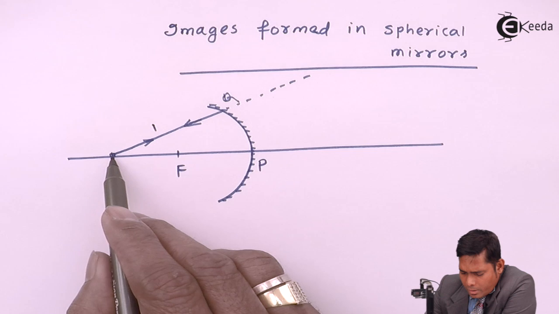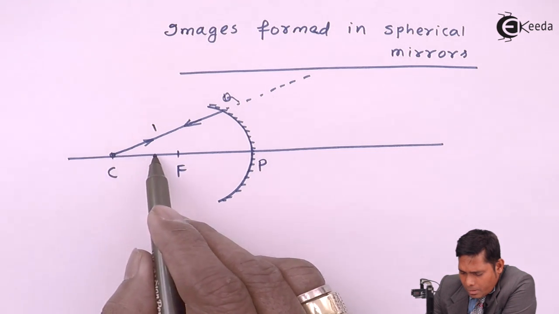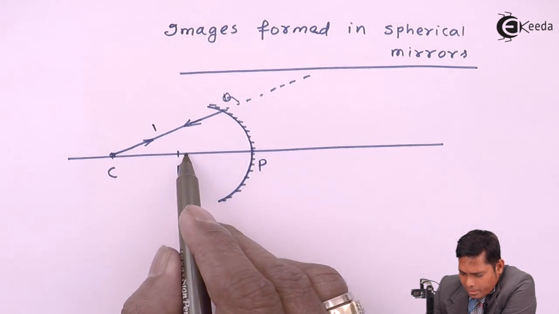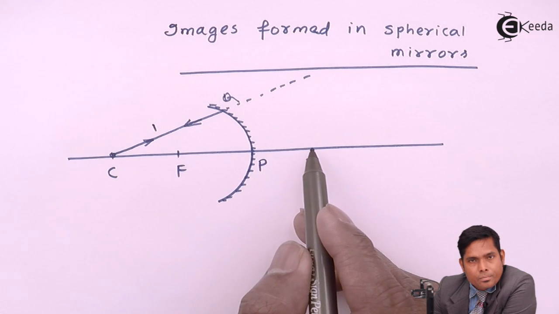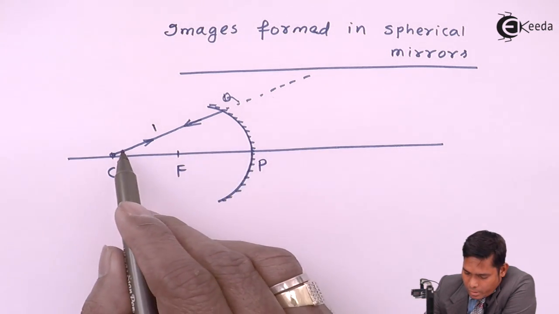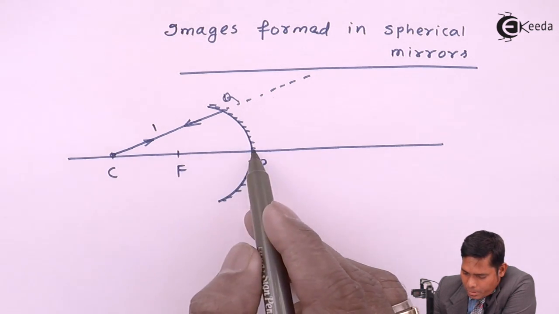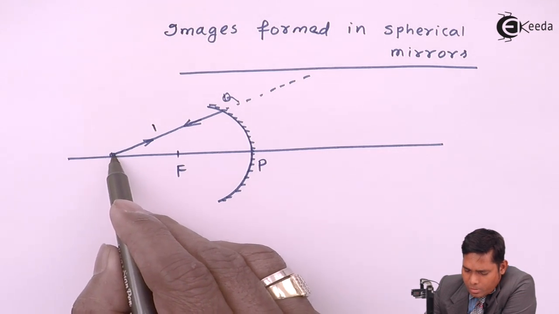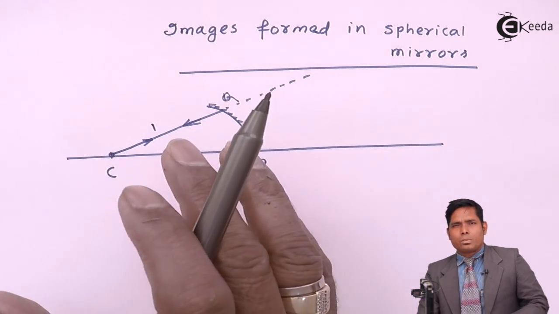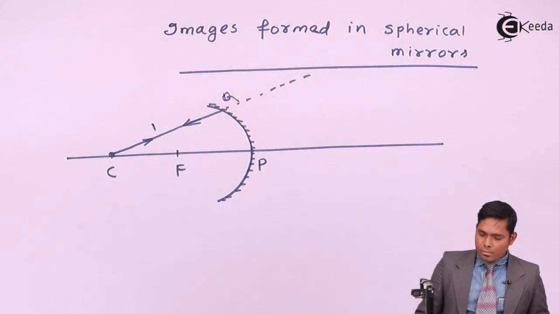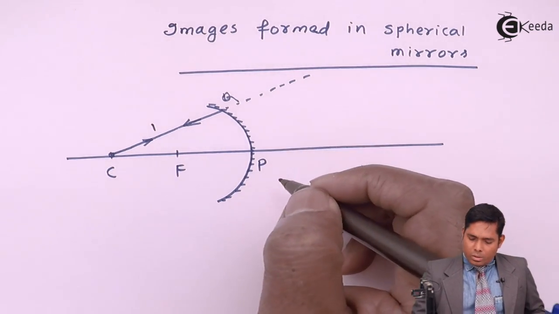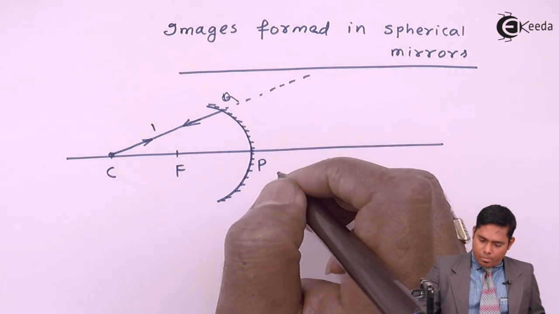And one ray I will consider traveling towards the pole will be reflected back in the same direction, because this is also normal. These two rays, one reflected from here and one reflected from here, will meet here, so the image is also here. So here the object and the image will be at the same point. This is how the rays will behave.